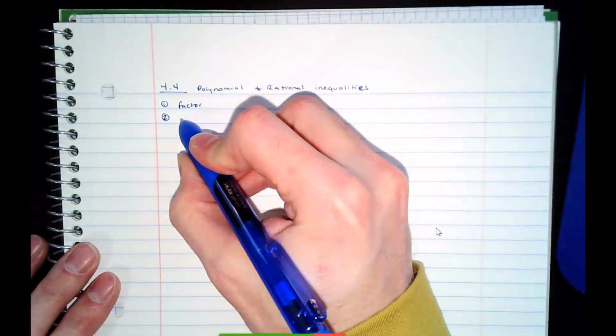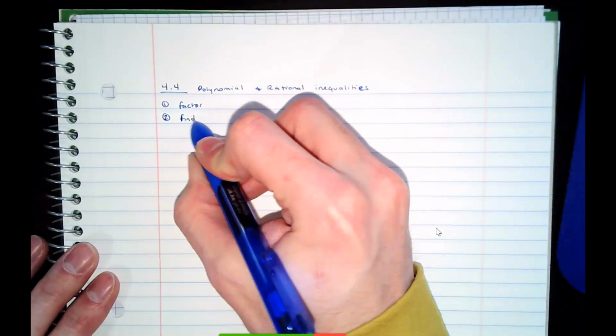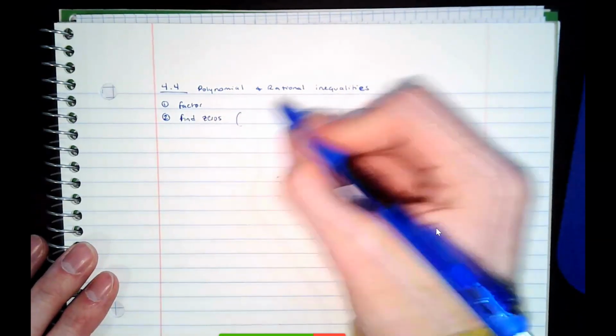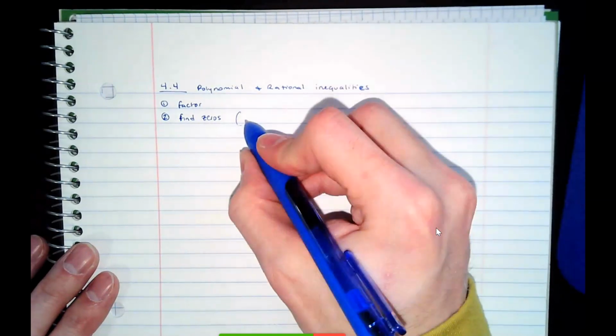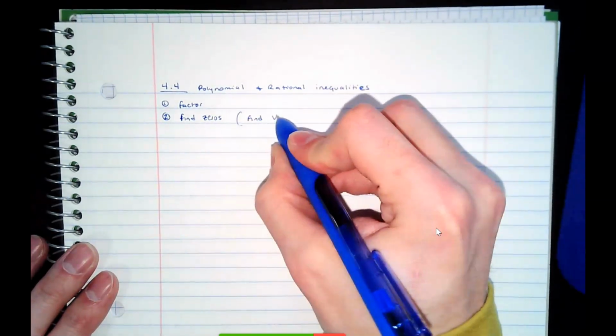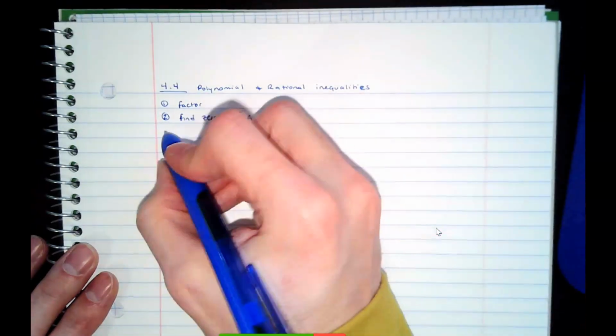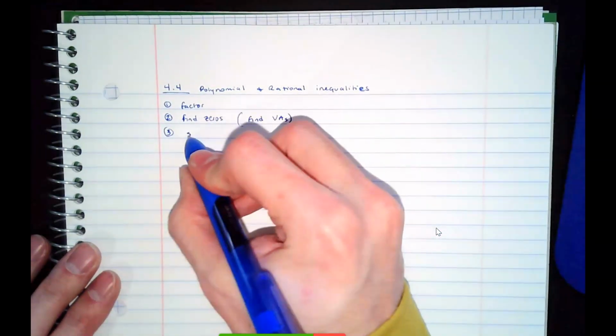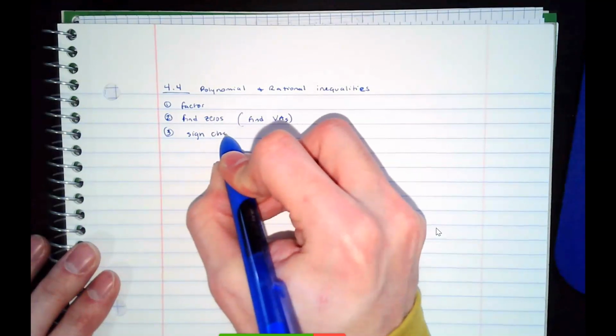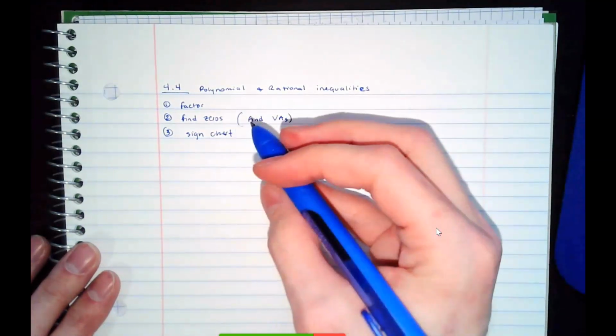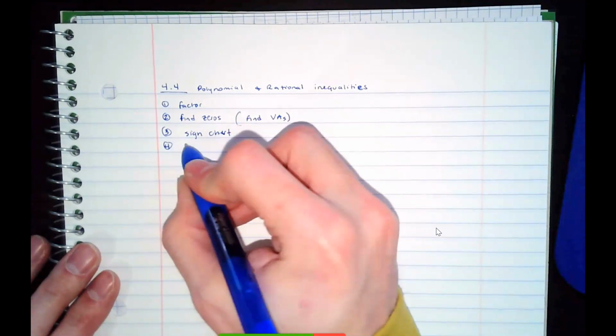Second thing we're going to do is find zeros, and when we get to rational inequalities, we're also going to find vertical asymptotes. And then we're going to set up a sign chart to figure out where answers are, and then we're going to test the intervals.